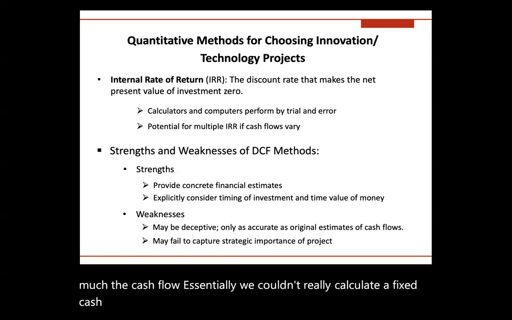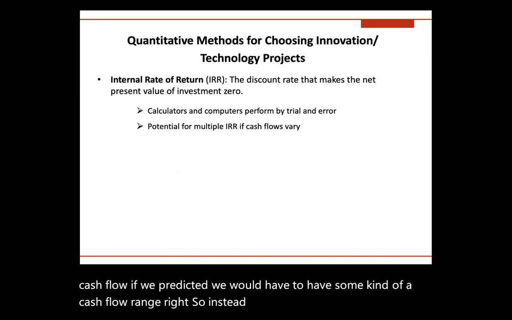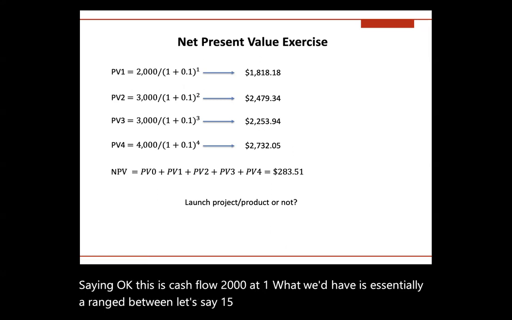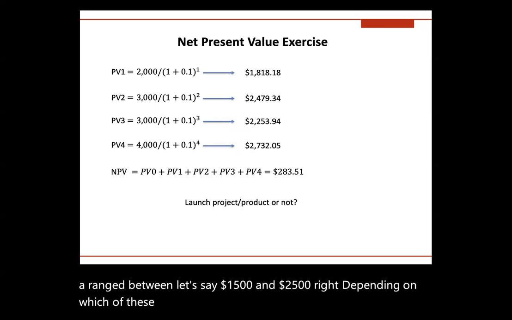We would have to have some kind of a cash flow range, right? So instead of saying, oh, this is cash flow 2000 at point 1, what we'd have is essentially a range between, let's say, $1,500 and $2,500, depending on which of these scenarios are more likely.